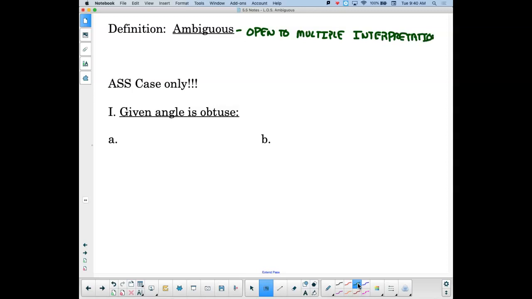That's a long word. What I'm going to give you now is 6 different scenarios. First scenario is if the given angle is obtuse.